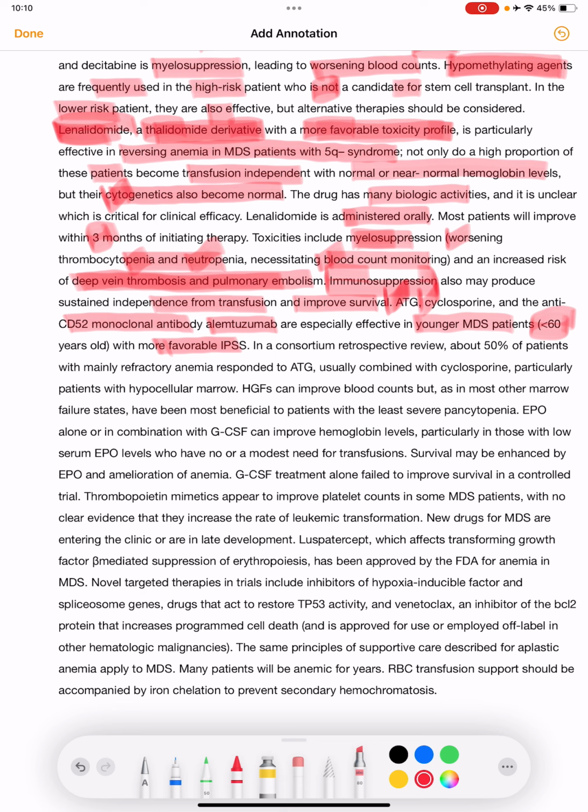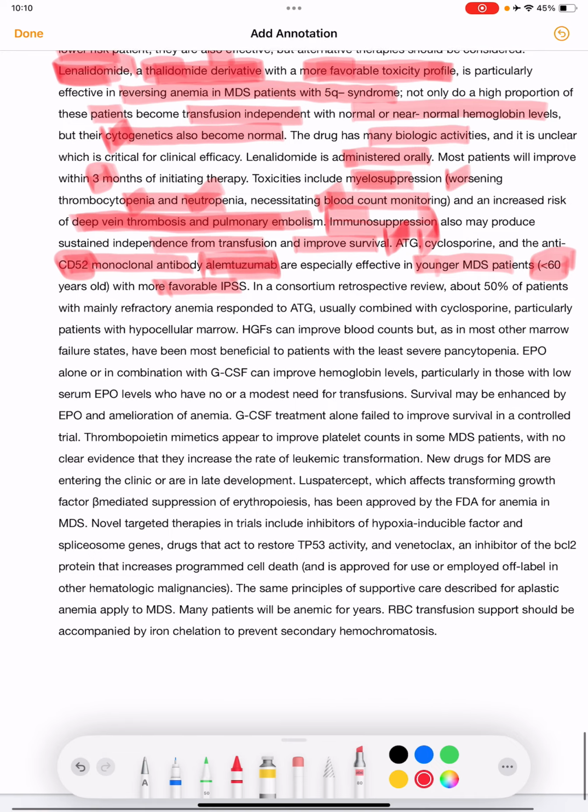So immunosuppression also produces independence from transfusion and improved survival.